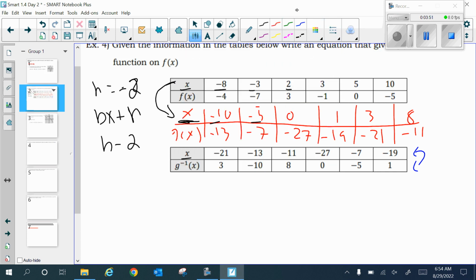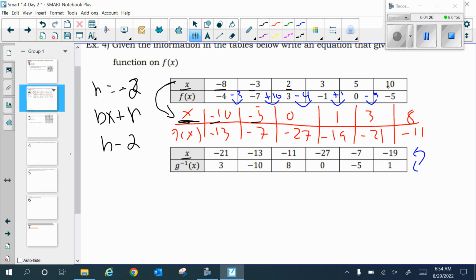Right, so what I'm going to do is I'm going to see the distances between the y's, and I'm going to see how much did they shrink or stretch or compress, really, between the f of x's and the g of x's. So from negative 4 to negative 7, we subtracted 3. From negative 7 to 3, we added 10. From 3 to negative 1, we subtracted 4, 1 to 0, we added 1, and then from 0 to negative 5, we subtracted 5, right?